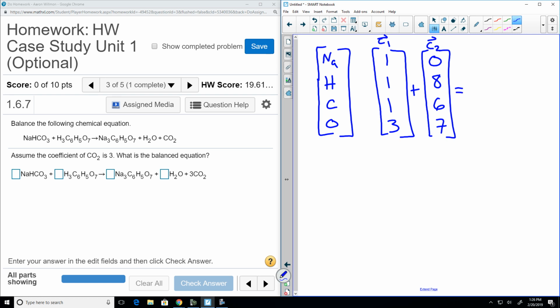And I'm going to write equals. C3. So 3 Na, 6 carbon, 5 hydrogen, 7 oxygen.